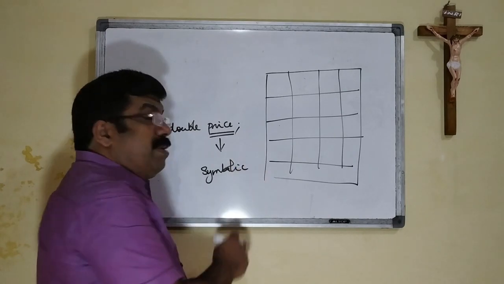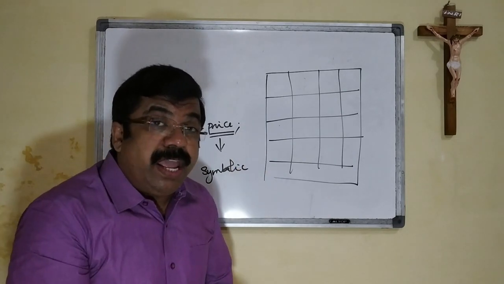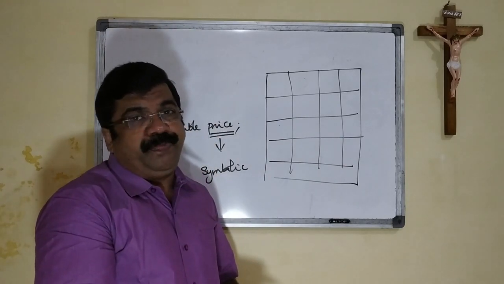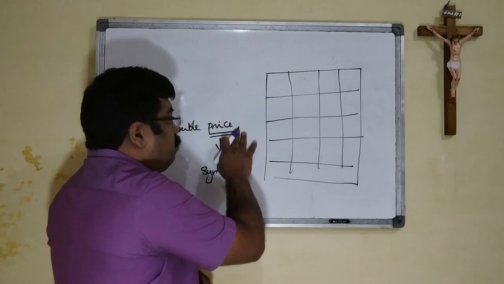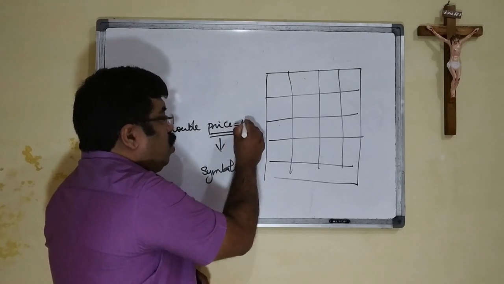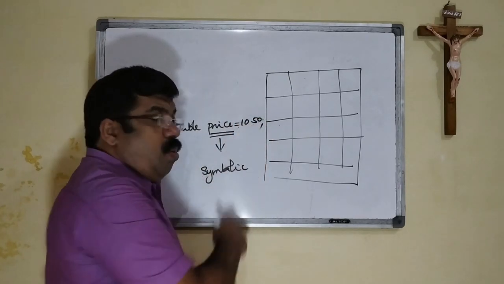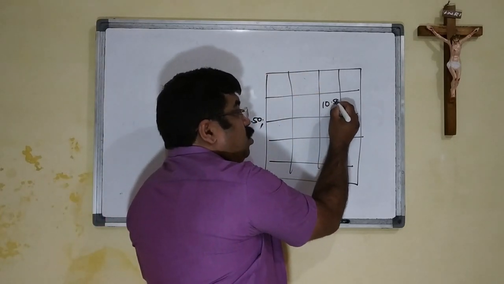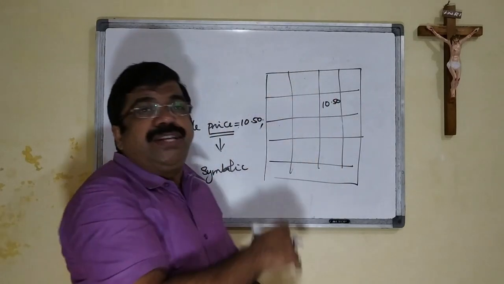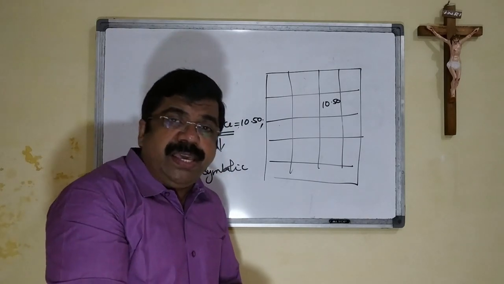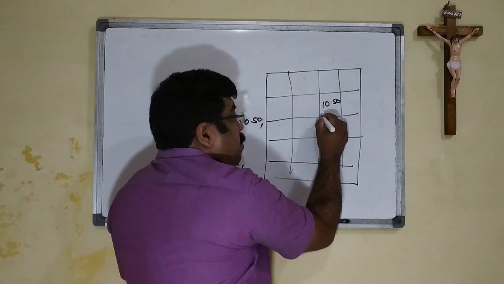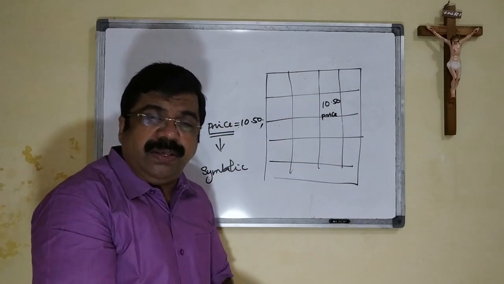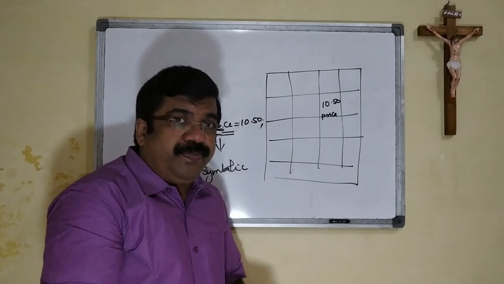The variable name is a symbolic name which is representing a memory location. Suppose we give price is equal to 10.50. This 10.50 will be stored in some location in the memory, and that location will be named as price. So I think you understood.